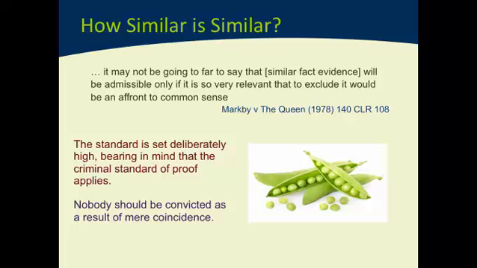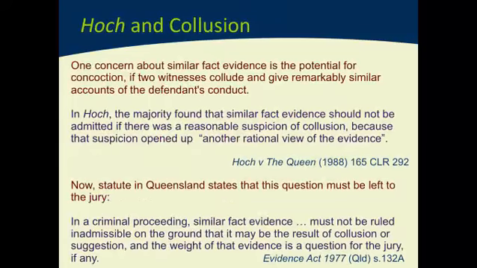This is what happened in the case Hoch and the Queen in 1988. Hoch was on the staff at an institution for boys here in Brisbane, and in a short period of time 3 young men came forward and made accusations of sexual offences committed upon them by Hoch.